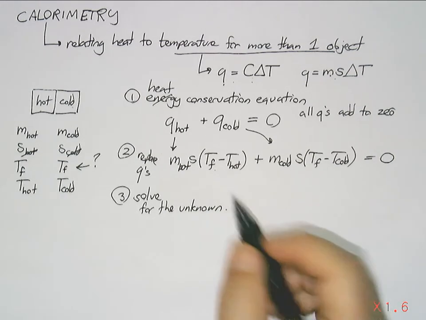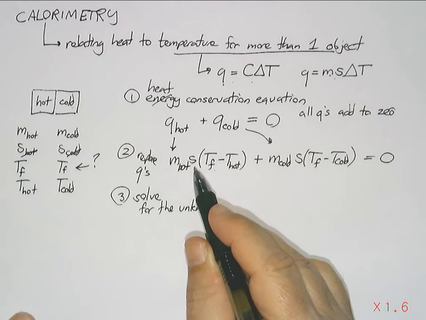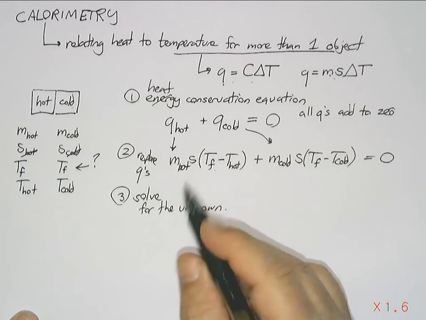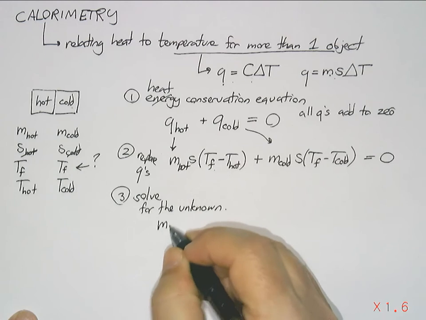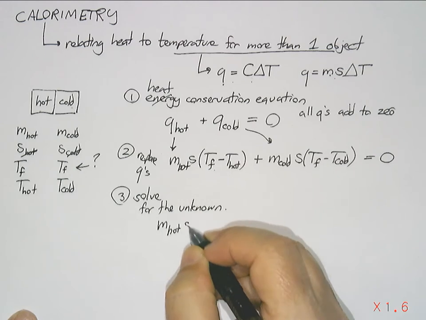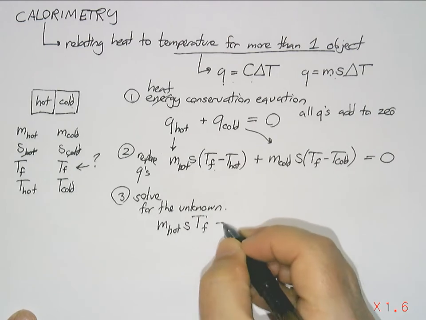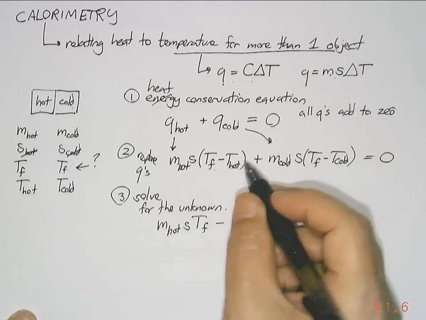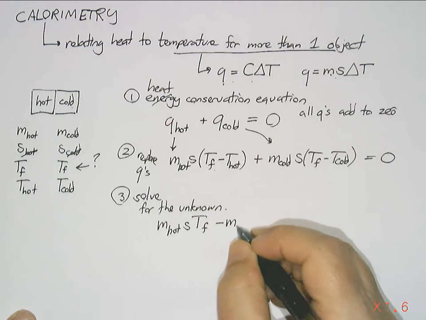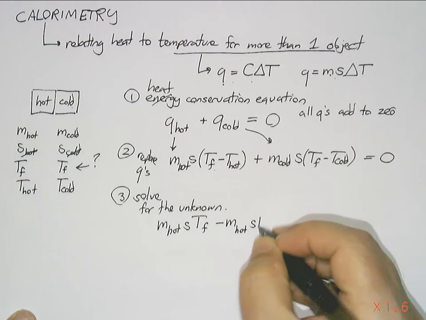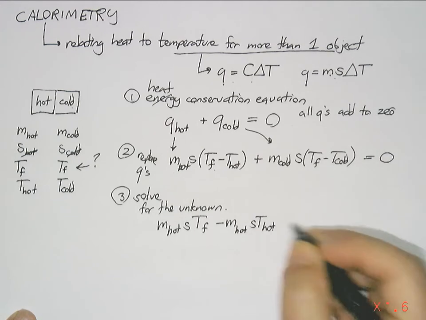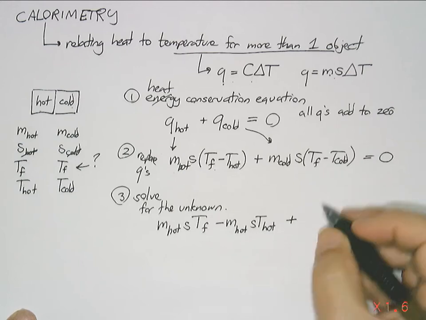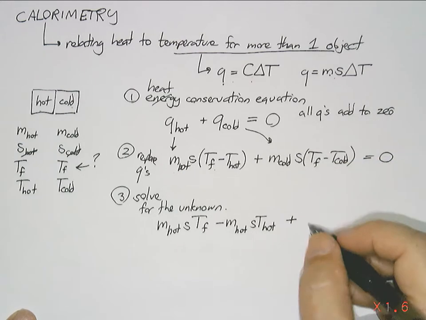So we're not doing any more chemistry here. It's pretty much Algebra 2 from high school from this point on. This first term is going to become mS times this minus mS times that. And now I'm going to do the same thing over here.